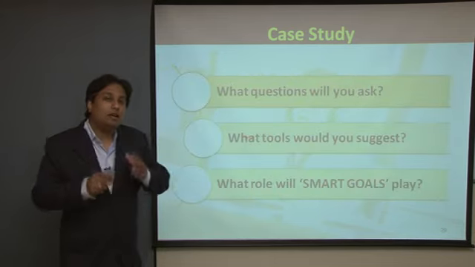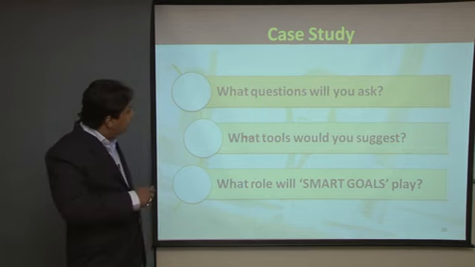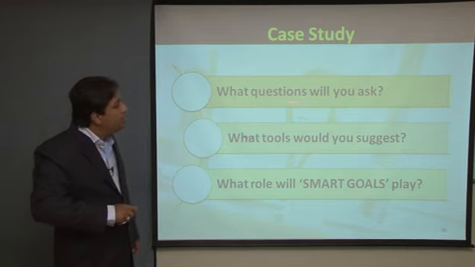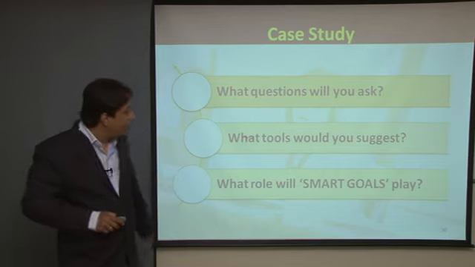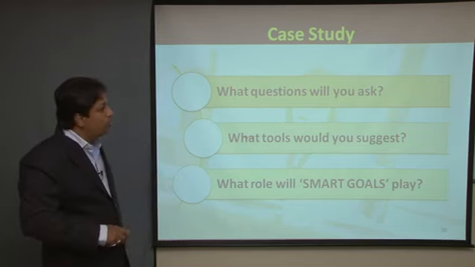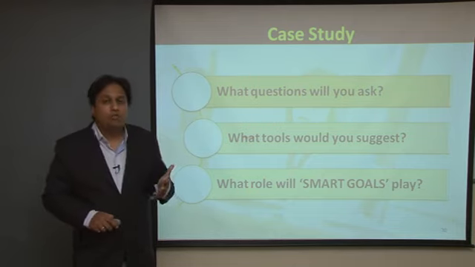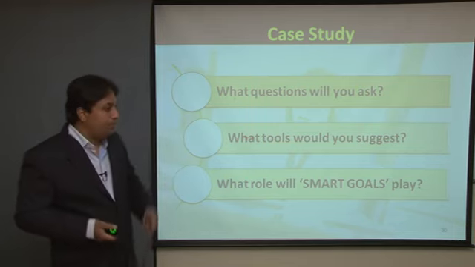So as a manager, I'm asking you friends, what things would you do? As a manager, what questions will you ask Trisha in order to understand the failure in terms of time management? What tools would you suggest? So what are the tools that you would suggest in terms of goal setting and time management which would help her improve this particular aspect?